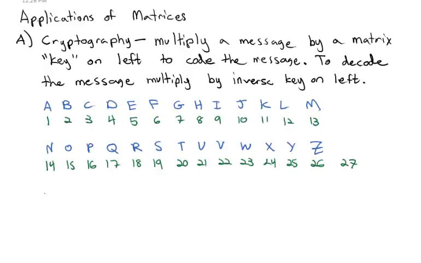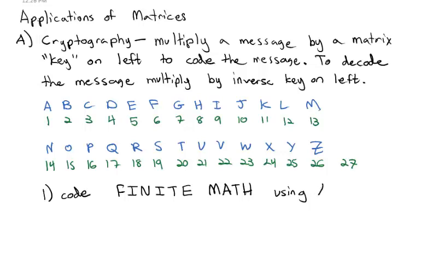So let's code a message. We are going to code our course name, finite math, and we are going to code it using the key A equals [2, 5; 1, 3].